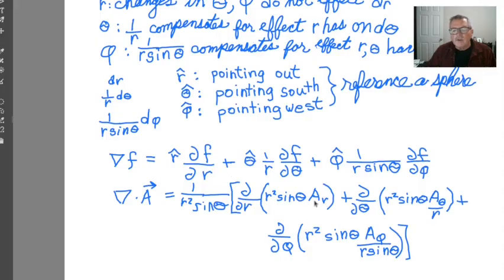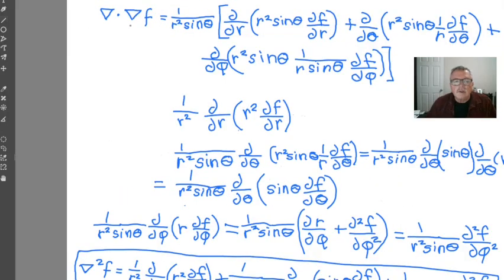Now notice with respect to r, the change in the volume has no stretching component to it. This one has a stretching component of r, and this one has a stretching component due to r sine theta. On to the Laplacian.